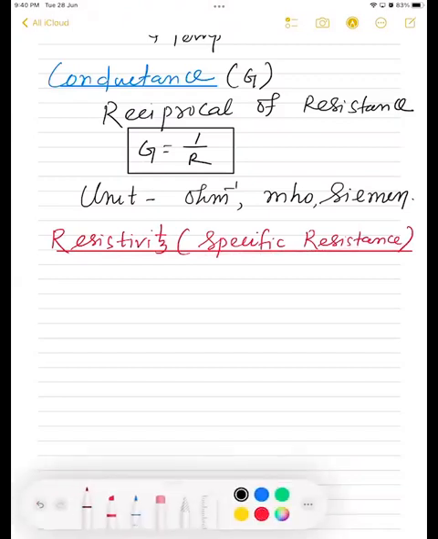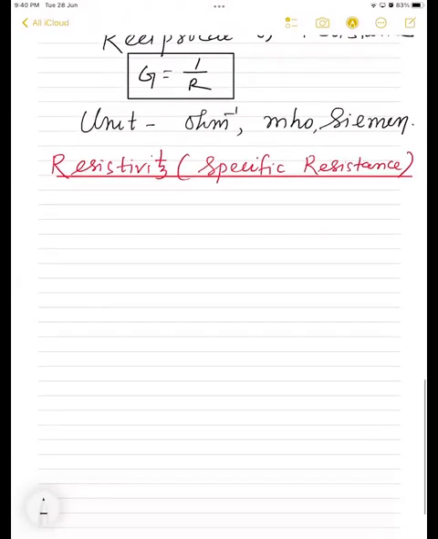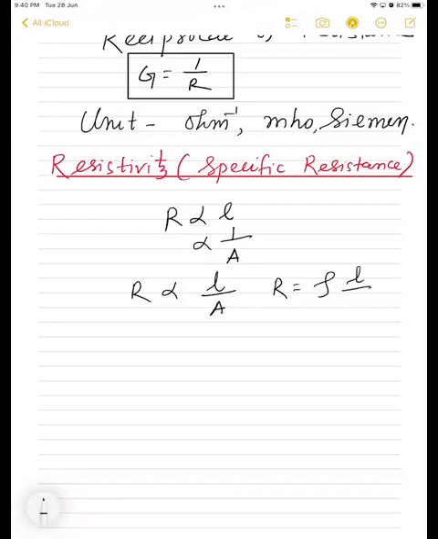Okay, students? Students, from the above two cases, you got to know resistance is directly proportional to length, right? And resistance is inversely proportional to area. So combined, you can write R proportional to L by A. Correct or not, students? So there is something proportionality constant, that is R is equal to rho L by A. This rho, this is not density, this is resistivity, right?